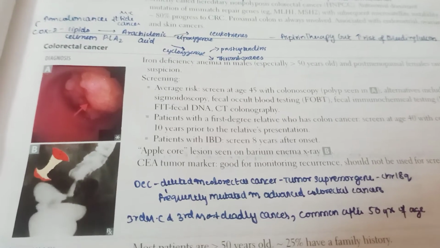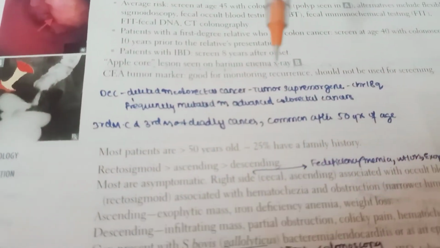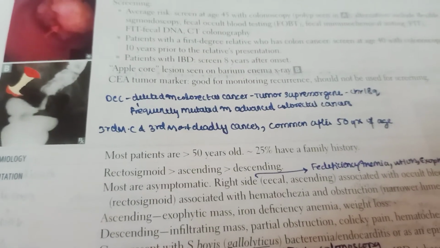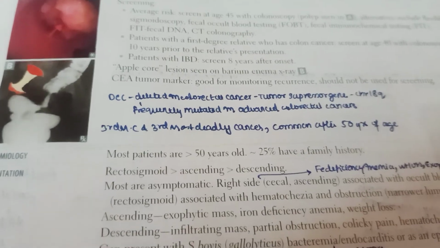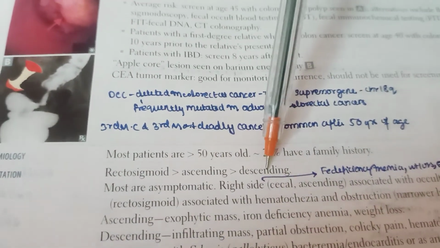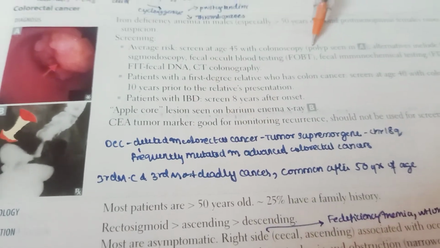Next, coming to colorectal cancer, it is mostly seen in females who are greater than 50 years. Not only females, anyone who is greater than 50 years. Okay, and it is mostly seen in the rectosigmoid followed by ascending, next descending. For screening, we should start at 45 years with colonoscopy.